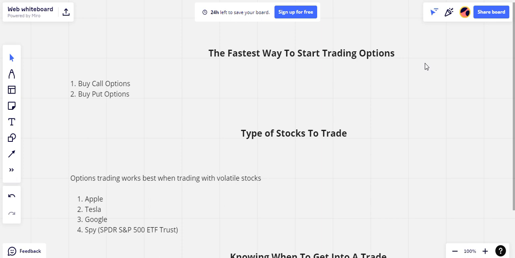Say, for example, let's look at Apple again. Say you think that Apple is going to fall below $125 by March 1st. Then what do you do? You buy a put option. Your strike price would be 125. Expiration would be, say, the 1st of March 2023.